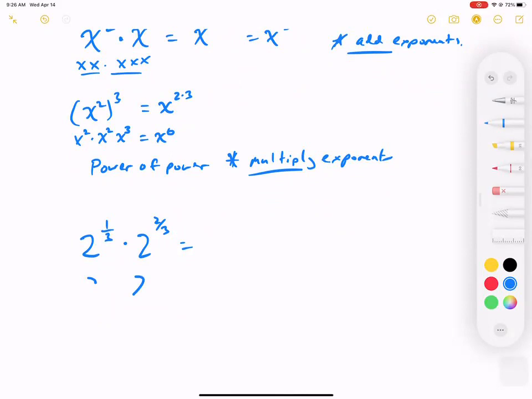What happens to them? You know what? We follow our rules from before. And we say, if I'm multiplying exponents or powers, I then add exponents. Which nicely becomes 2 to the 1/3 plus 2/3 is 3/3, which gives me a full 2 to the 1, which is just 2.